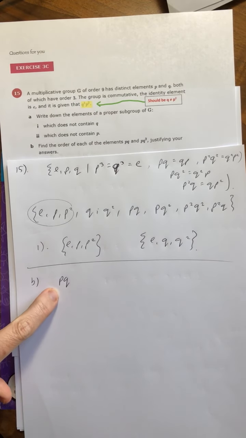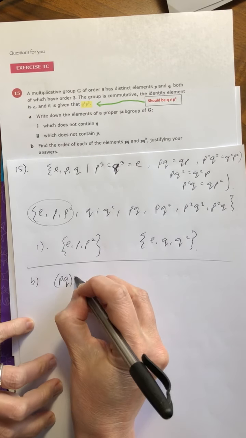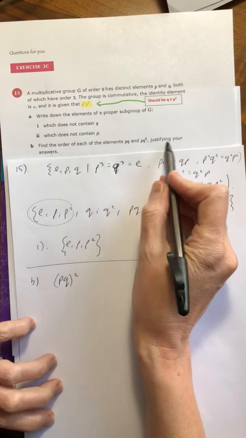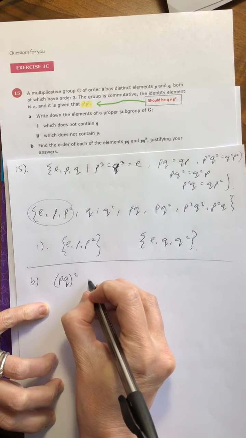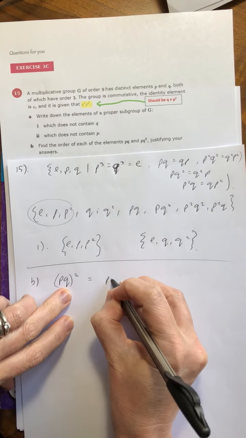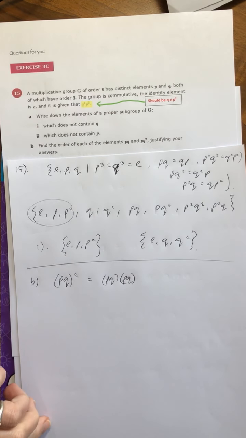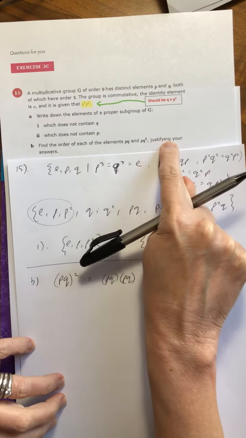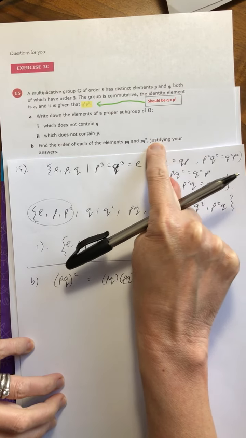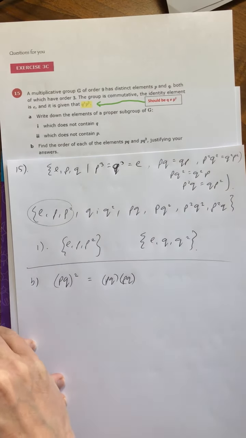So I'm thinking the order here is going to be 3. But justify my answers, I am going to work this out because I'm not exactly sure what that means. I'm not sure how the exam mark scheme will be allocating these.